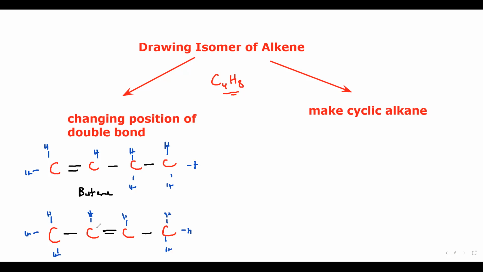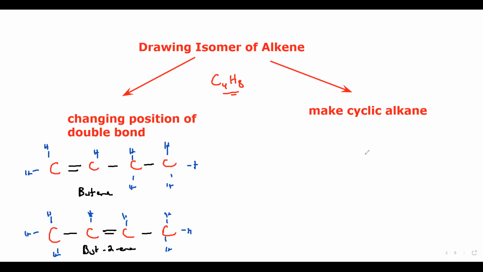Now what is the name of the compound? Because the double bond is attached to the second carbon, we call it but because of 4 carbons, and 2 is the position of the double bond in ene. So it is but-2-ene.